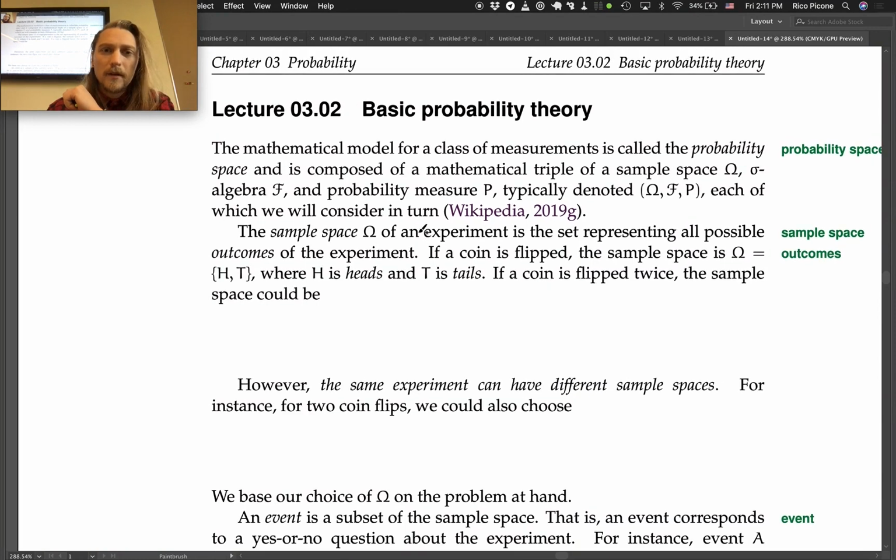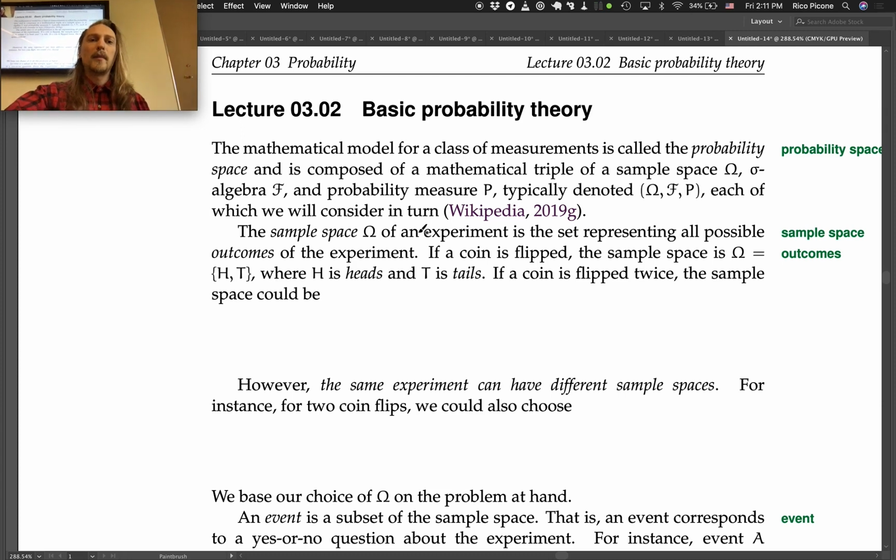Okay, so lecture 3.2, basic probability theory. The mathematical model for a class of measurements is called the probability space and is composed of a mathematical triple of a sample space, omega, a sigma-algebra, F, and probability measure, P, typically denoted as the triple omega F P, each of which we will consider in turn.